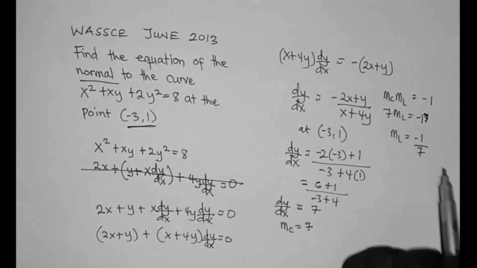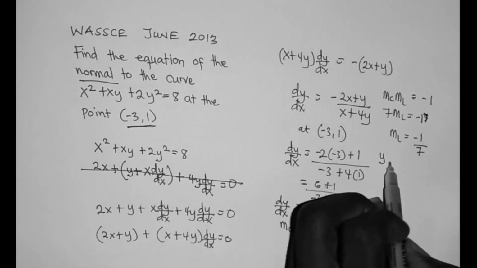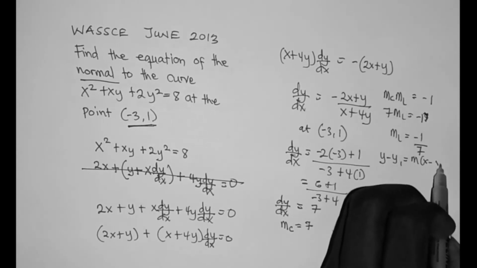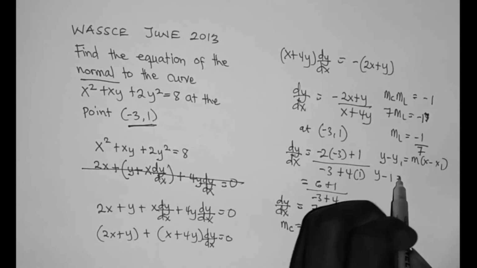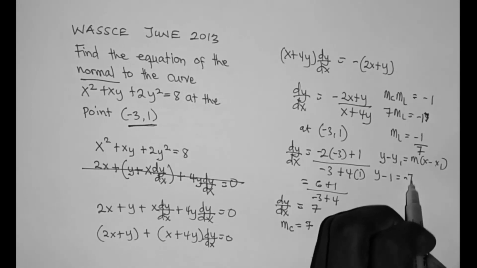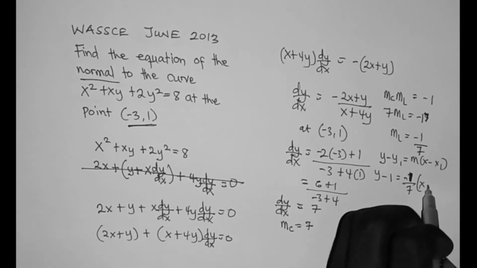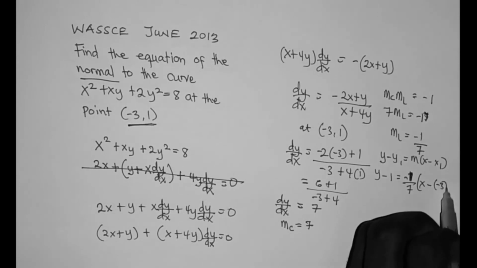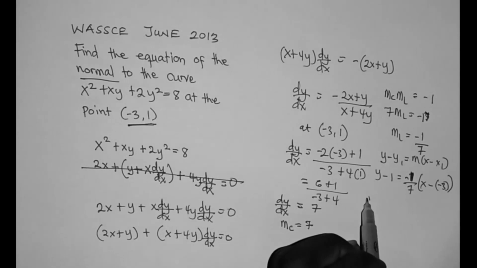So we have the point, we have the gradient. So let's go ahead and find the equation. The equation is y minus y1 equals m(x minus x1). So y minus y1, which is 1, equals m, which is -1/7, times (x minus x1, which is -3). So let's multiply through by 7.